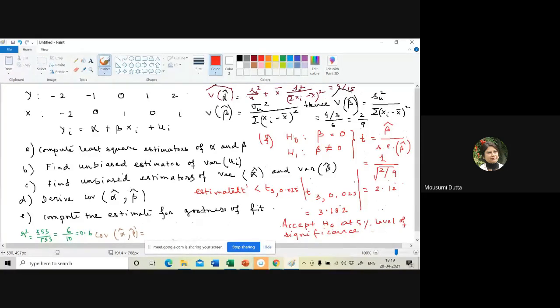Nothing was said here about a one tail test, so I told you that you can consider a two tail test or you can consider a one tail test. You gave the choice for two tail test and therefore I considered that.